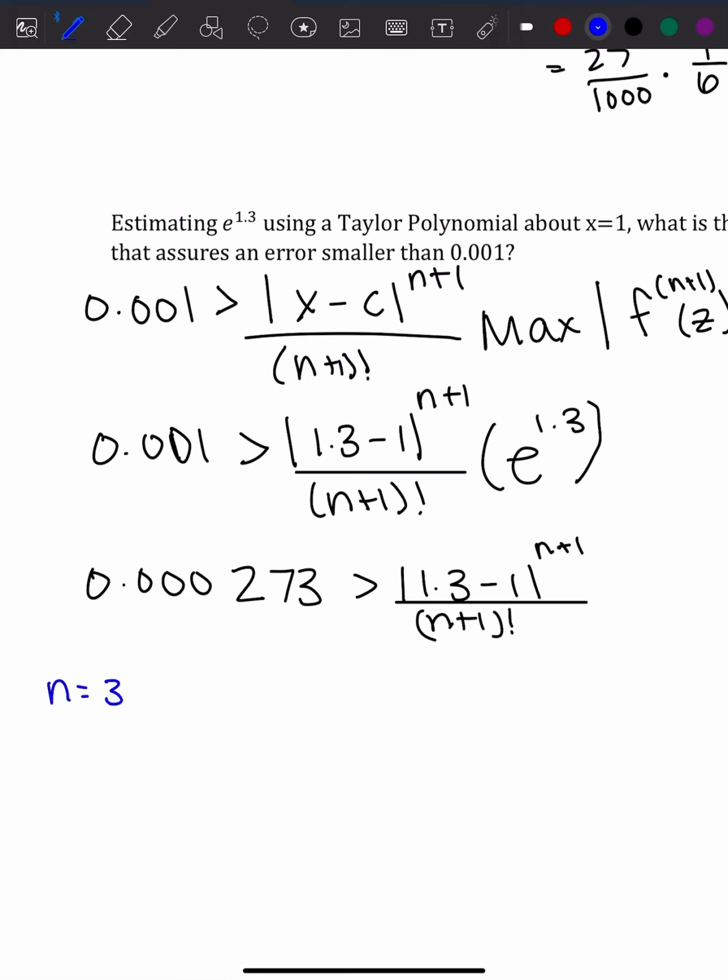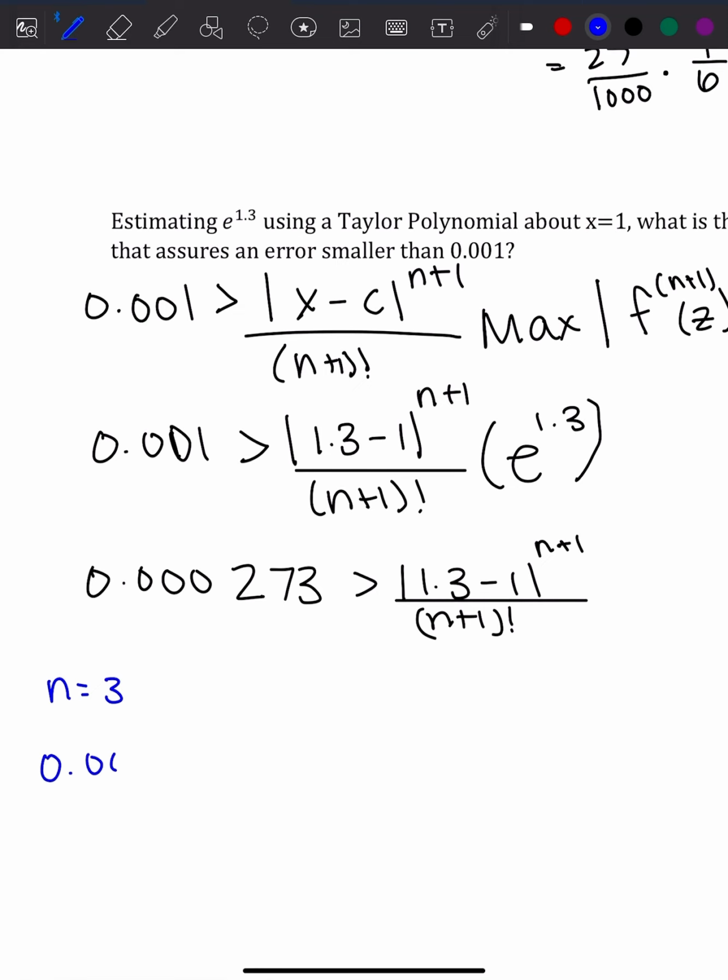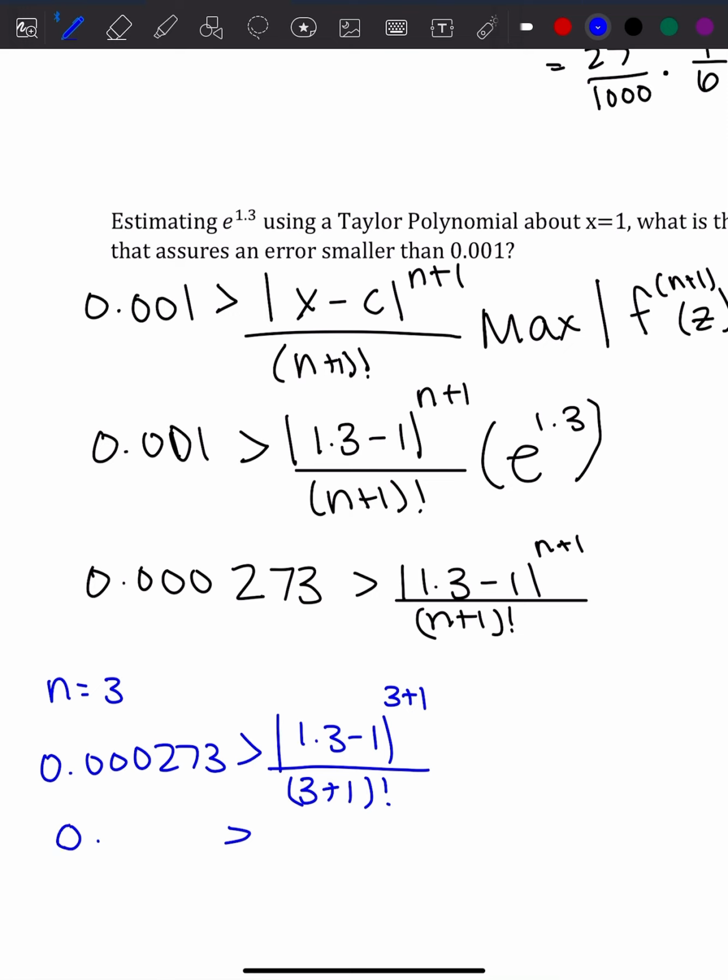For n equals 3, we want to make sure that 0.000273, that this is a true statement. So we have 1.3 minus 1 to the 3 plus 1 divided by 3 plus 1 factorial. We have 1.3 minus 1, which is 0.3, and we're going to raise that to the 4th power.